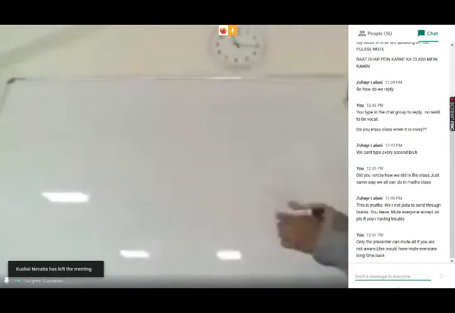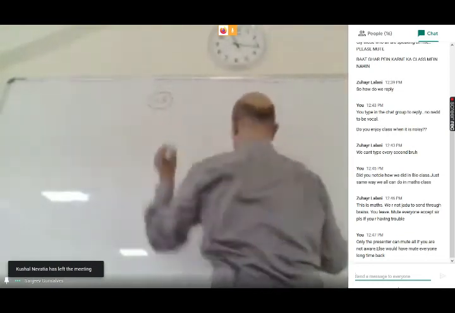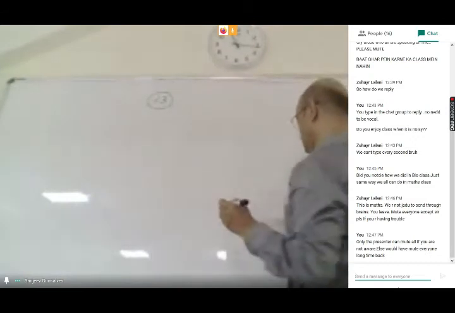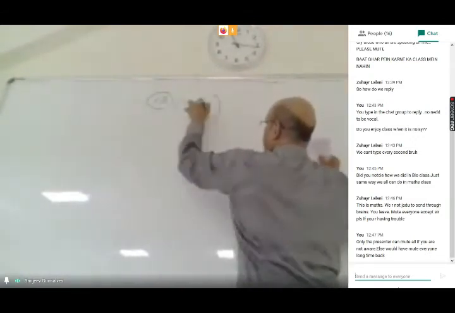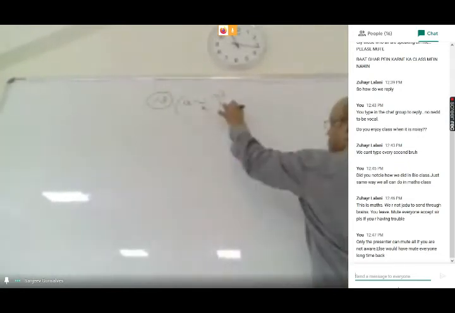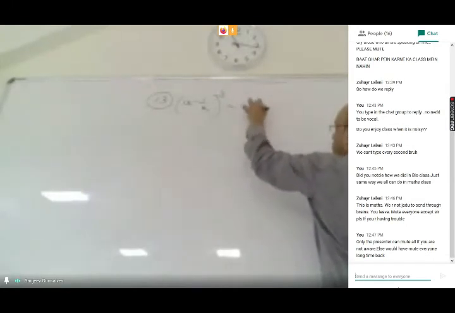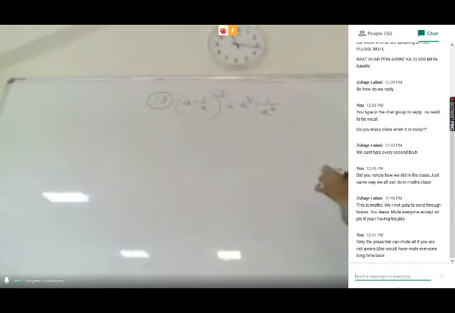13. A minus 1 upon a whole bracket cube. Now earlier it was plus, now it is minus. So it is a cube minus 1 upon a cube minus 3 inside the bracket a minus 1 upon a.